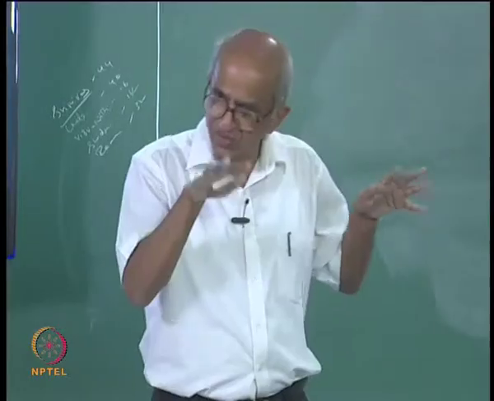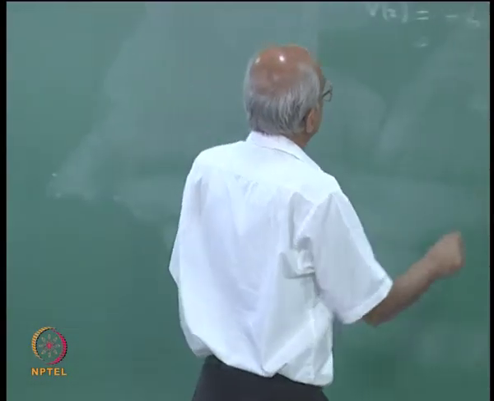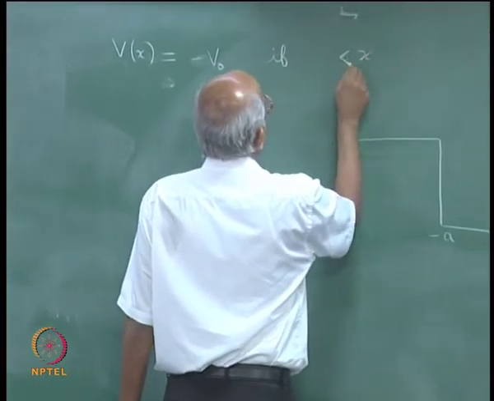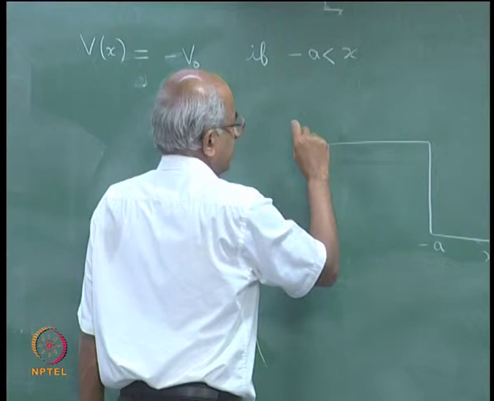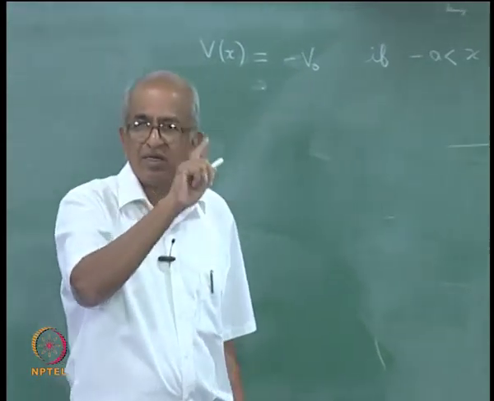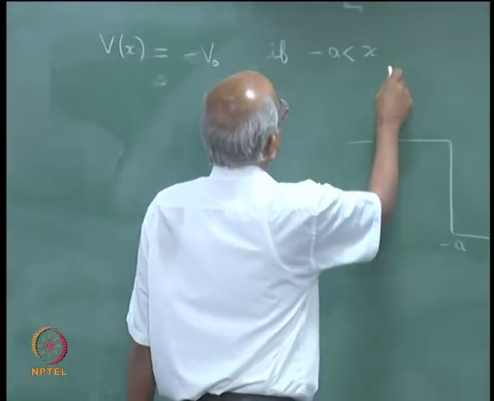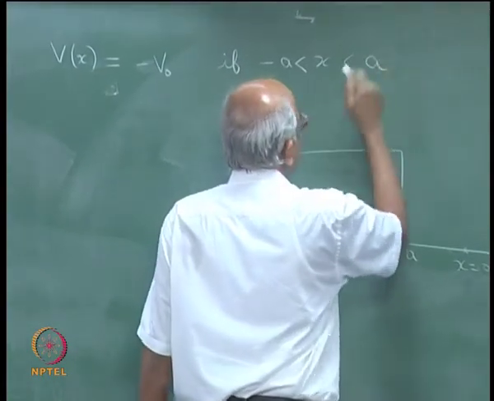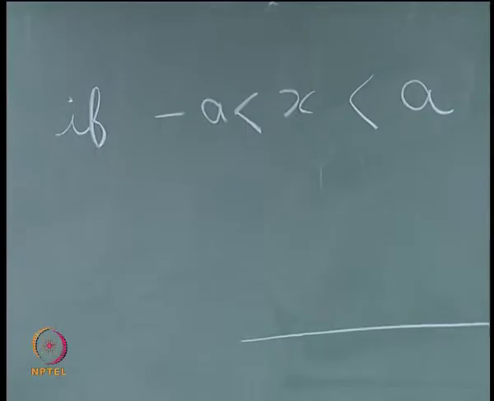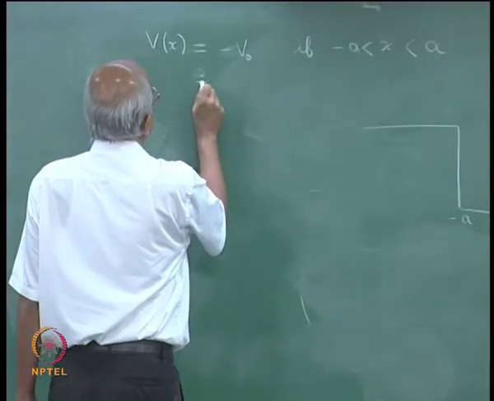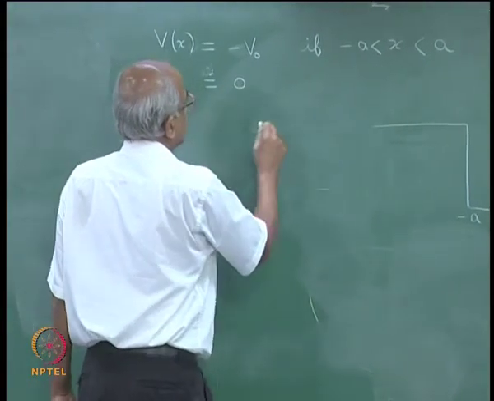So, minus V0 is negative, if minus a is less than x and x is less than plus a. That means the particle is within the box, and outside the box what will happen? I will say that the potential energy is 0.